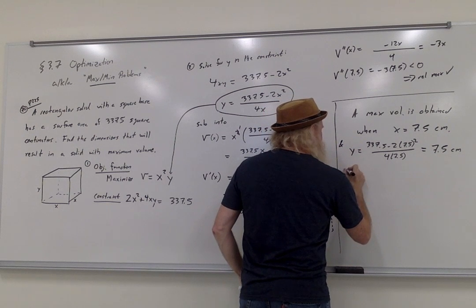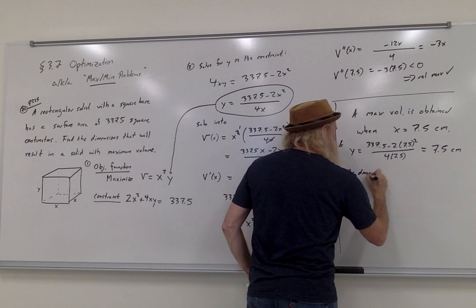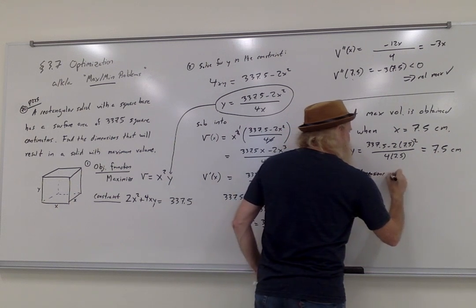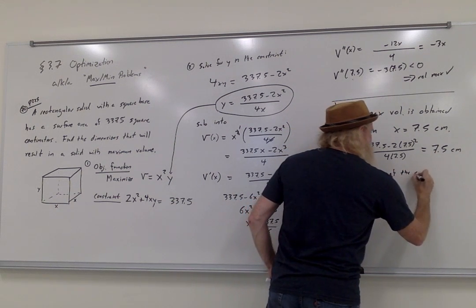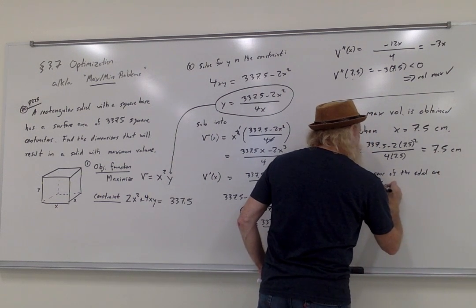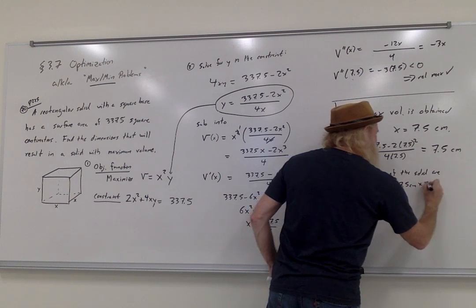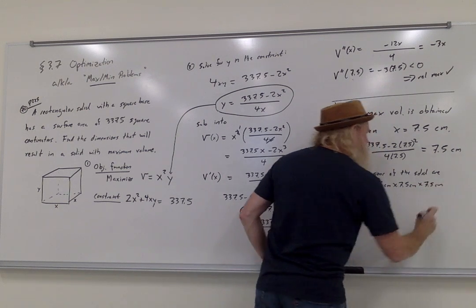So the dimensions of the solid are 7.5 centimeters by 7.5 centimeters by 7.5 centimeters.